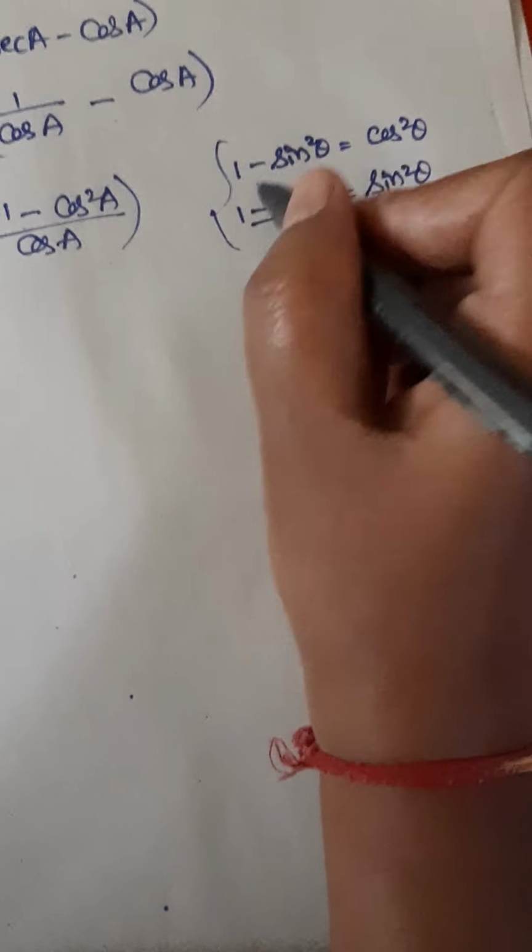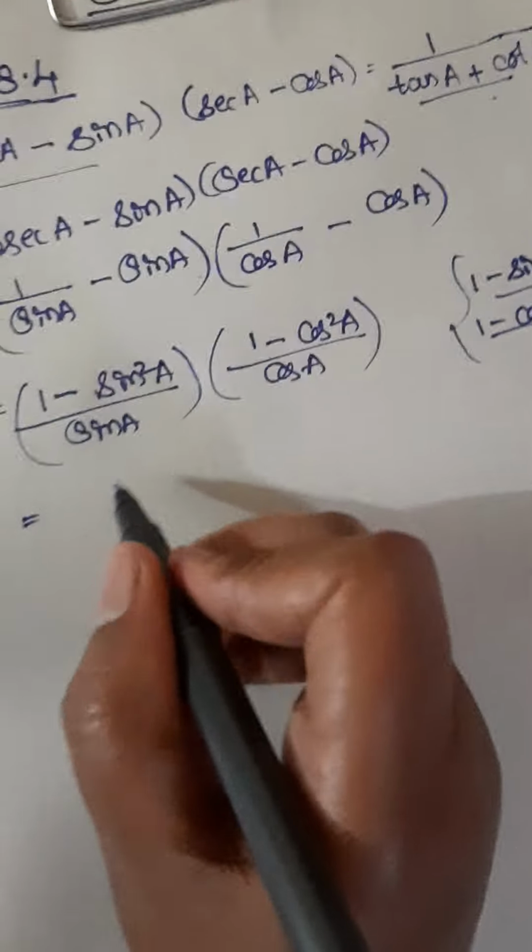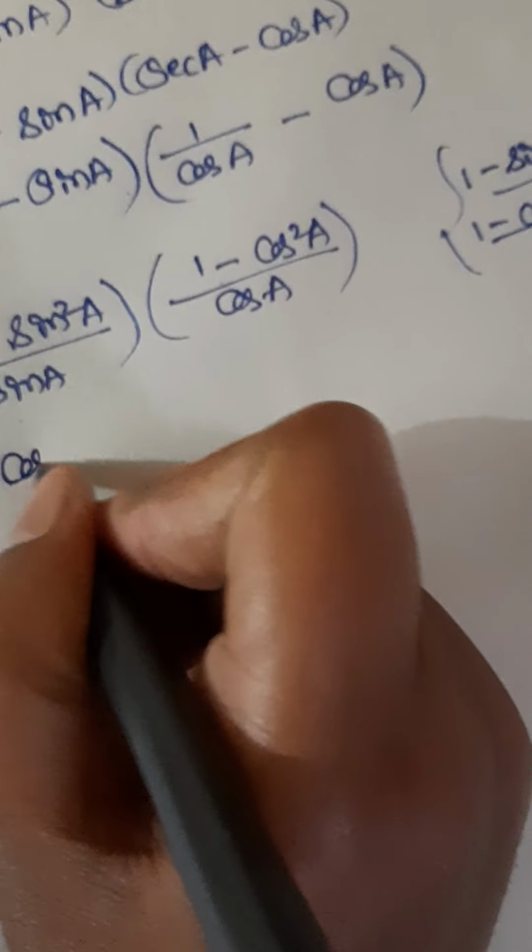So we'll apply the same thing here. So it will be cos square A by sin A into sin square A by cos A.